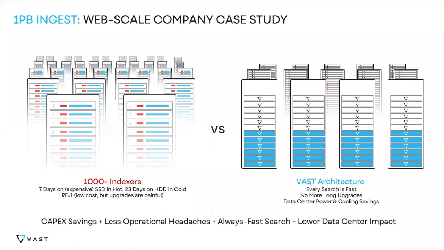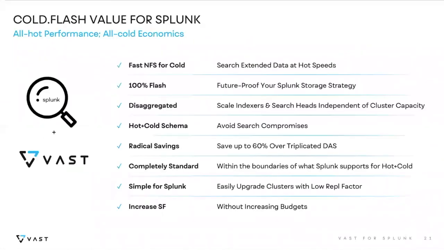And we're now working on these types of projects with a lot of customers in the space. Not all of them are ingesting a petabyte per day, but the benefits apply regardless of the scale that you're operating at, assuming you're over, let's say, 500 gigabytes of ingest per day. And so that's really the story.